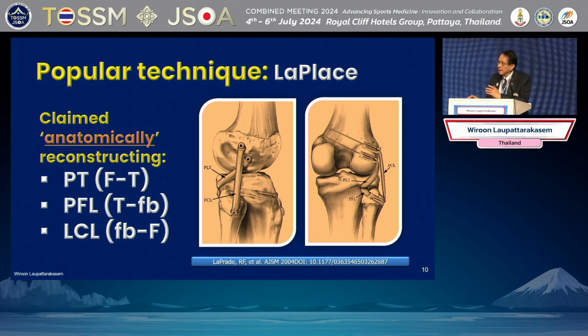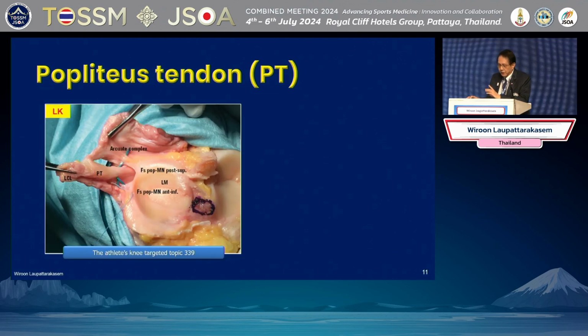Everyone would say PLC reconstruction will be LaPrade, because LaPrade claimed that it is anatomically reconstructing the popliteus tendon from femur and tibia, the popliteofibular ligament from tibia and fibula, and the LCL from fibula to femur. Let's think about whether it is really anatomical or not.